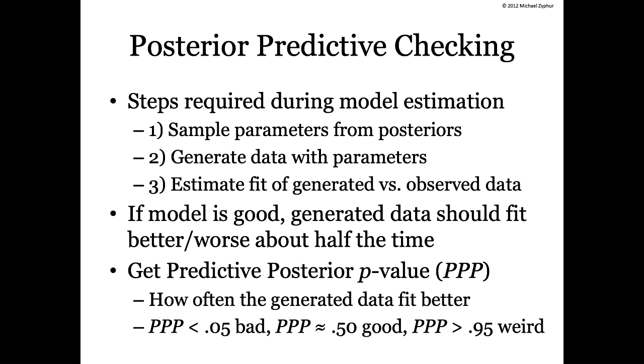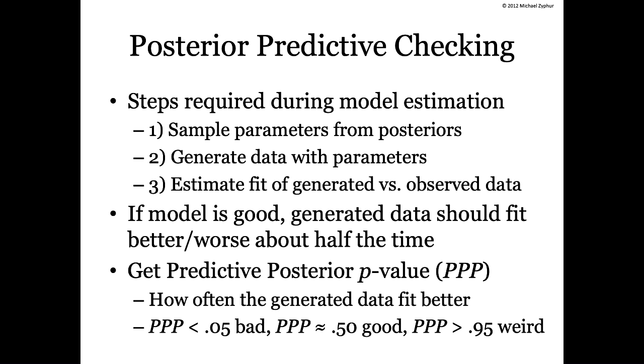And then what Mplus does is it generates some data with those parameters as if they were true parameters. So if the estimates that you get are good, then when you use those to generate data, those data should look like your observed data. That's the idea. And then you estimate the fit of the model using the generated versus observed data.